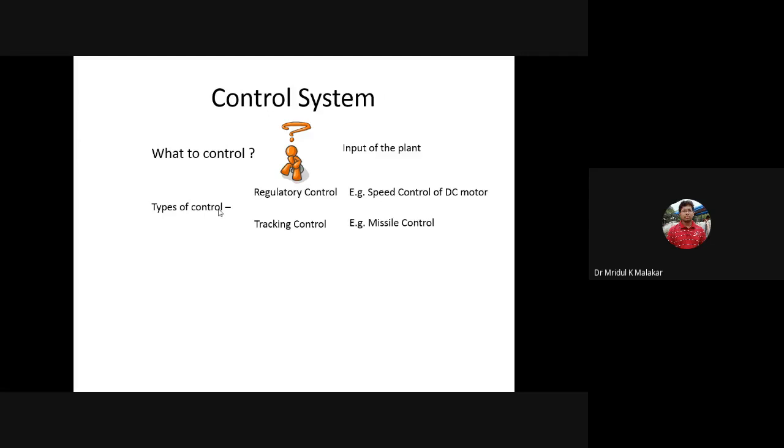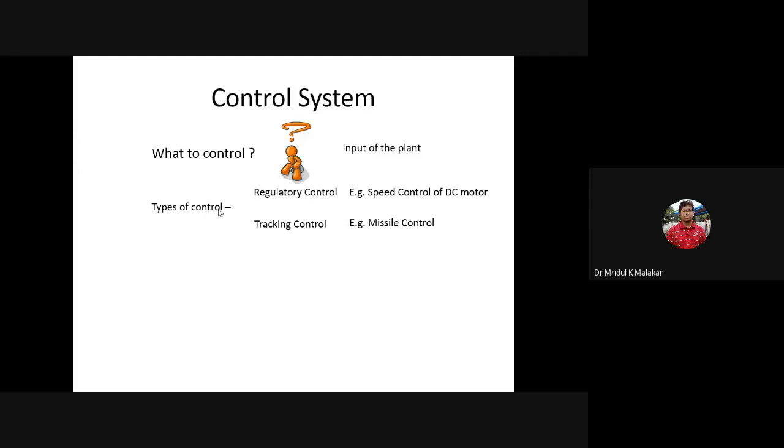But tracking control is like missile control. Missile control means target. I don't know what the target is, but I know the location mark. I just launched the missile, and automatically it will track the trajectory.